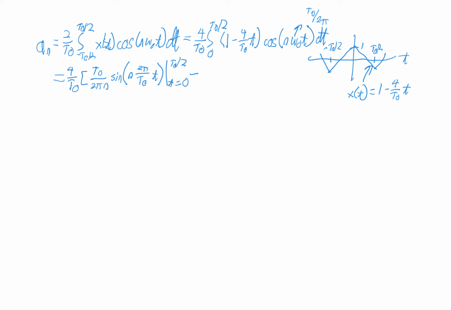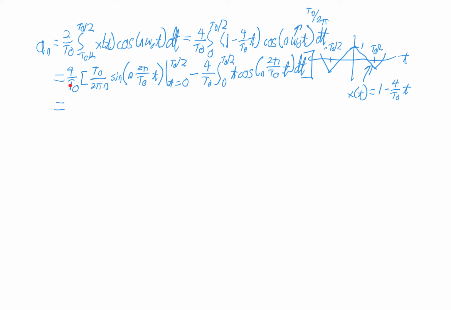So we'll pull that out front here, 4 over t naught, and we're going to have the integral, let's just write it in this form, from 0 to t naught over 2 of t cosine n 2 pi over t naught t dt.